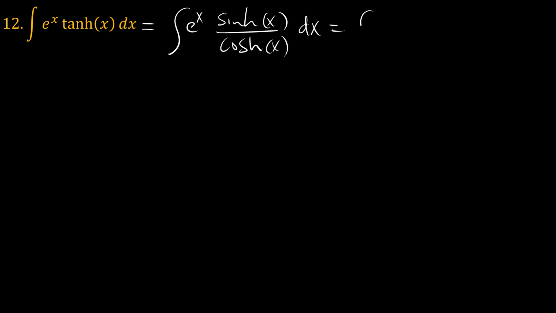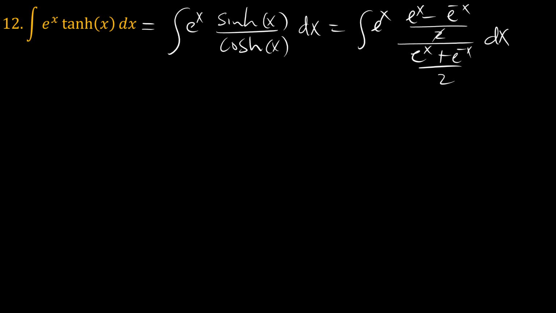This problem is interesting because hyperbolic tangent of x is the same as hyperbolic sine of x over hyperbolic cosine of x, which is equal to e to the x minus e to the negative x, divided by 2, over e to the x plus e to the negative x.